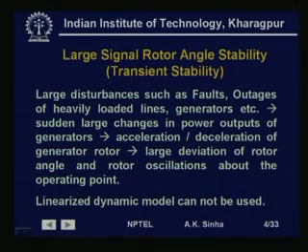That is, linearization of swing equation in this case will not be feasible because the delta angle changes are very large and we cannot linearize the equation anymore. So, linearized dynamic model cannot be used in this case.